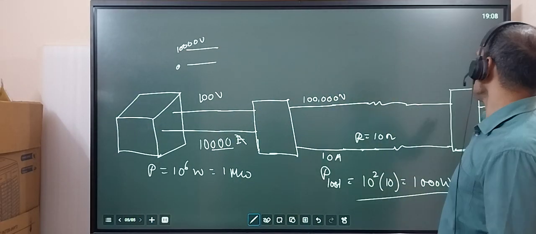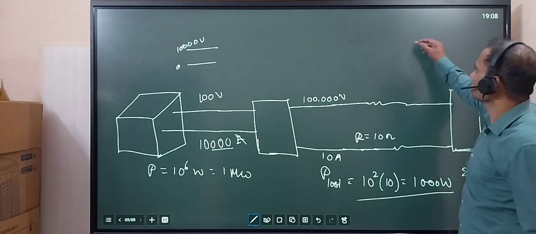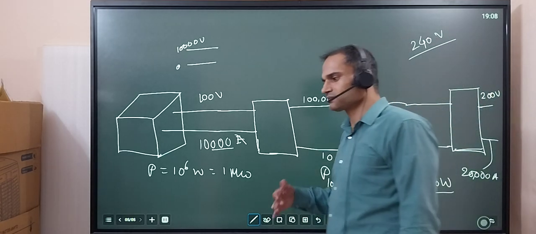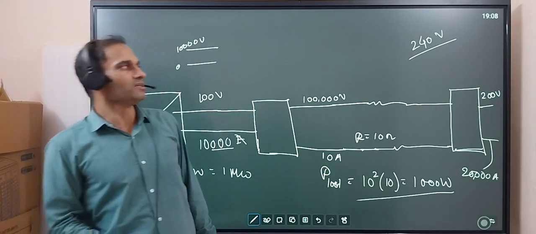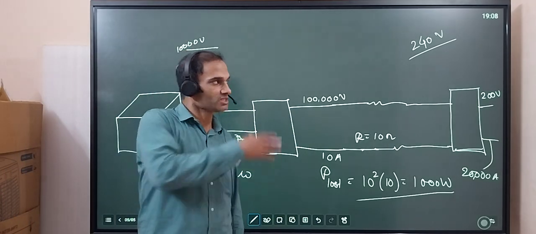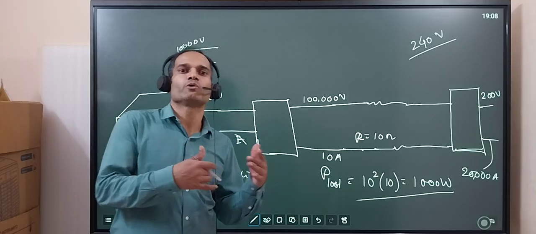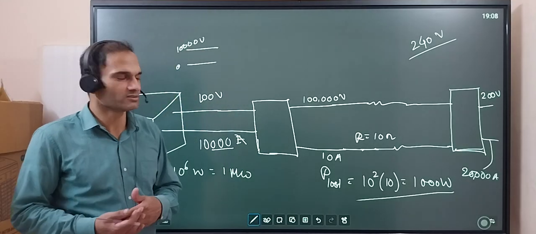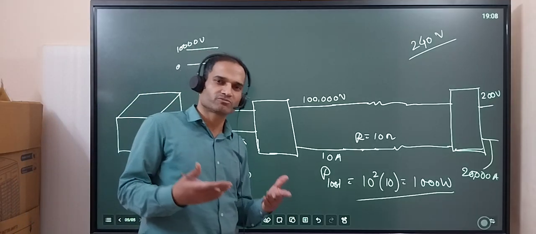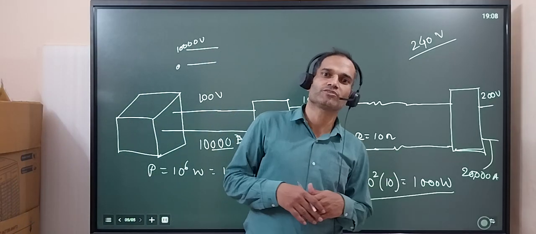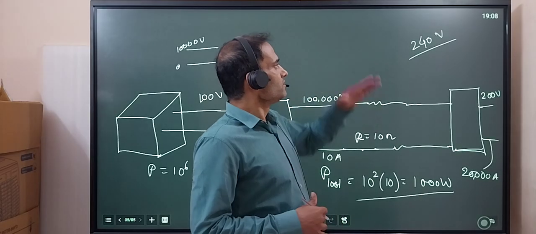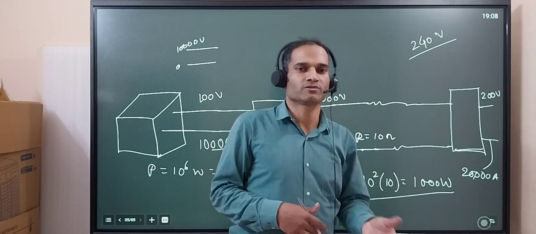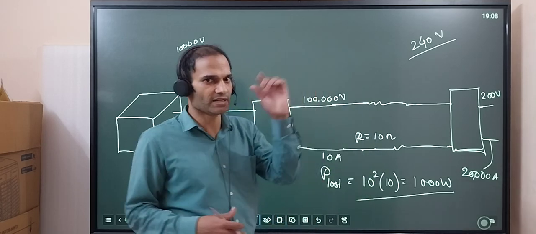In our home we use a voltage of 240 volt, and some of our appliances use a smaller voltage. For example, our mobile phones use 5 volt, 12 volt. So the voltage is again stepped down by using the adapter.